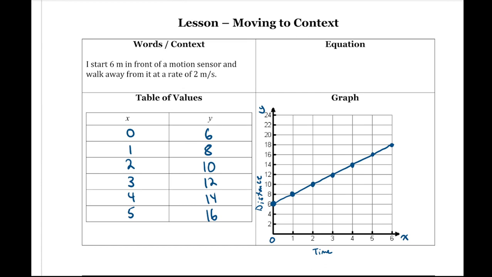From here, now we should be able to determine our equation. I'm going to use y equals. We know from our table that our starting value, or when x is 0, that is our b value, or our y-intercept. Right? So again, we have different ways we can figure it out.